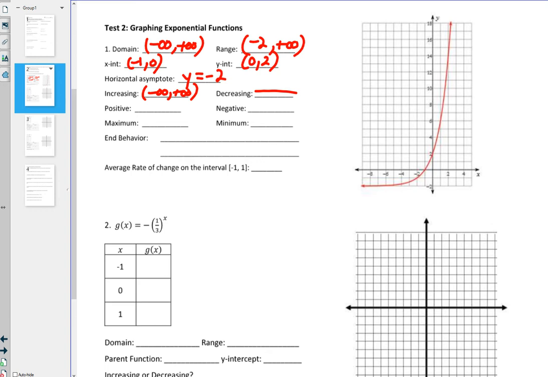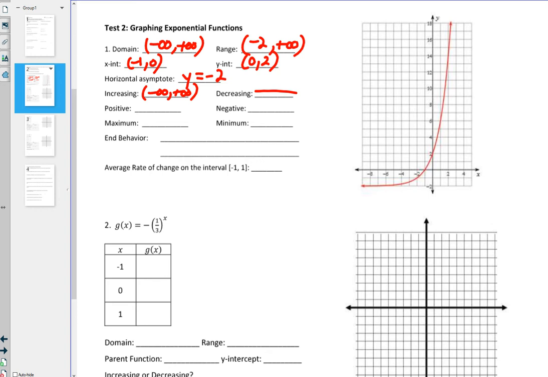Now here's one where I don't know how much we spend time on this later, but it's good that they threw this in here. Where is this positive and where is it negative? When they say those words positive or negative, they're referring to the y. So y is positive above the x-axis and y is negative below the x-axis. So where it's going to be positive or negative would depend on where we're crossing the x-axis.